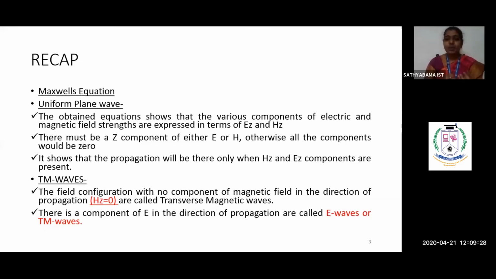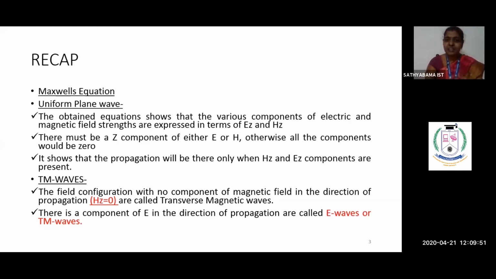Then we have seen what a uniform plane wave is. So let me tell it as a small crisp point. In a uniform plane wave, there are 3 directions in a Cartesian coordinate system: X, Y, and Z. If your wave is going to travel along one direction, in that direction the component does not exist.